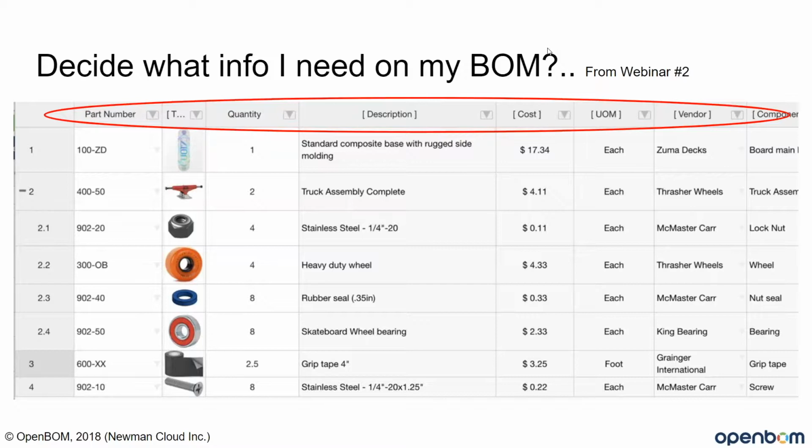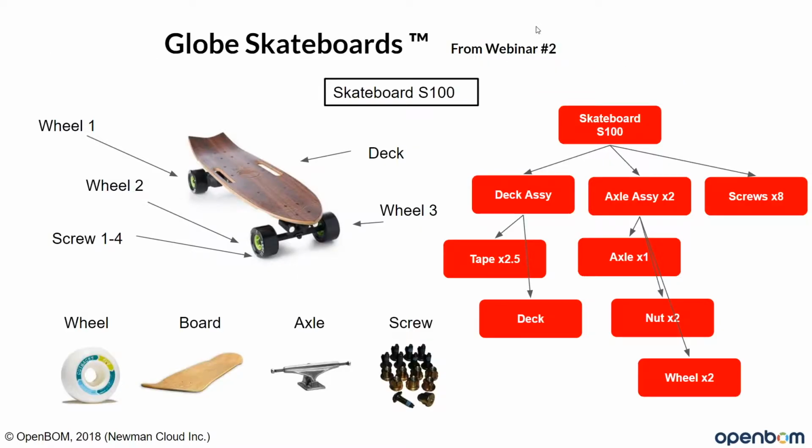So we've gone through some process, we understand a couple of big categories, and now I'm thinking about what I want this bill of material to look like. Is it or is it released within my company? Going back a couple of webinars, here's what our thought for the bill of material looked like for a skateboard. These are the type of things that you might see, certainly part number, quantity, description, costs.